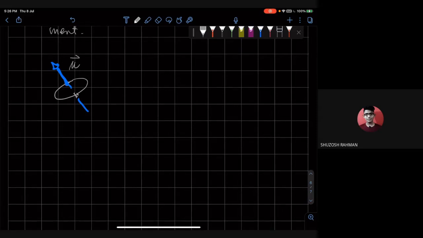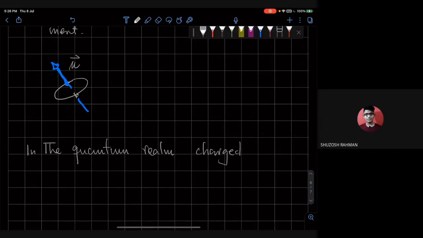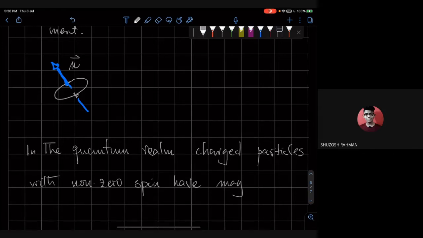So in the quantum realm, charged particles with non-zero spin have magnetic moments associated with them.